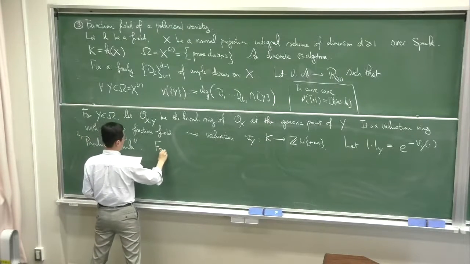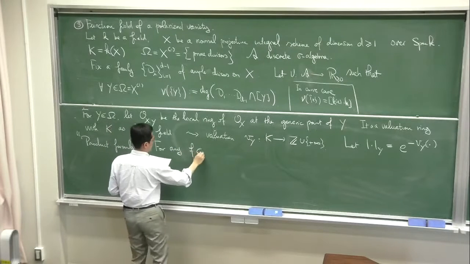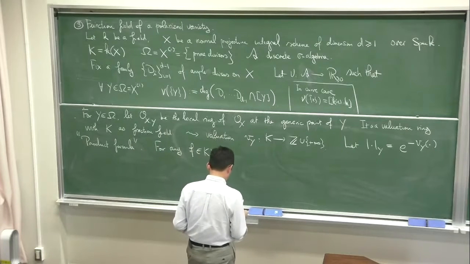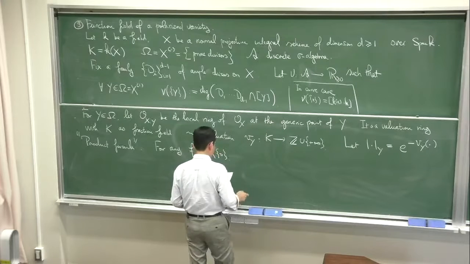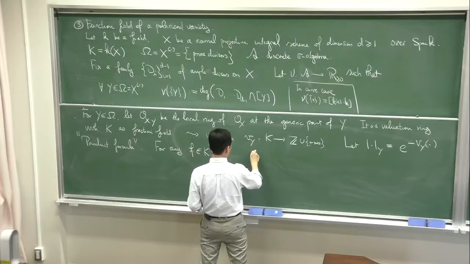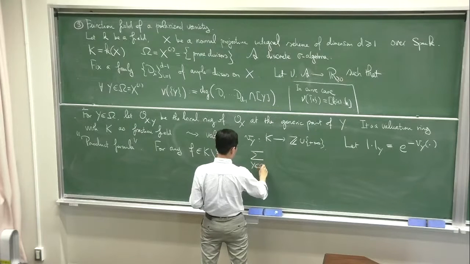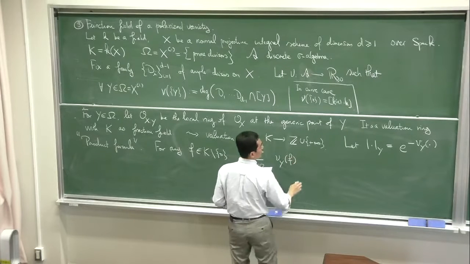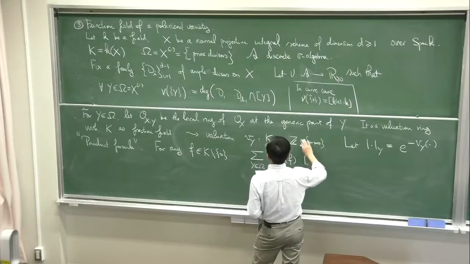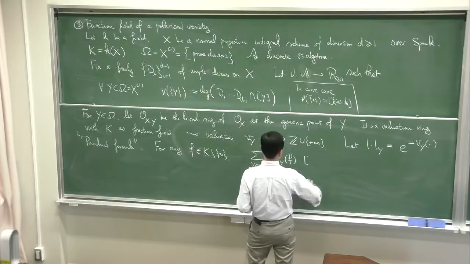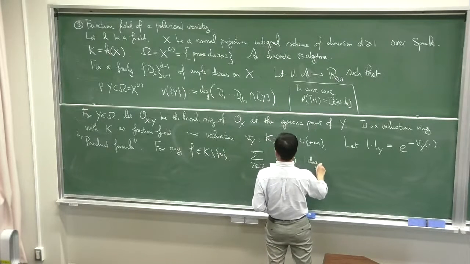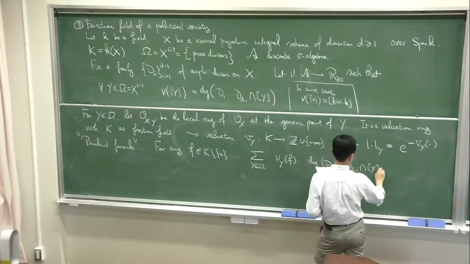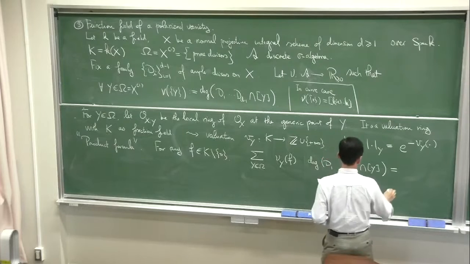Saying that for any f in K which is non-zero, you will have the sum for any y in Omega of v_y of f times this degree factor d minus 1 in the section of y is 0.